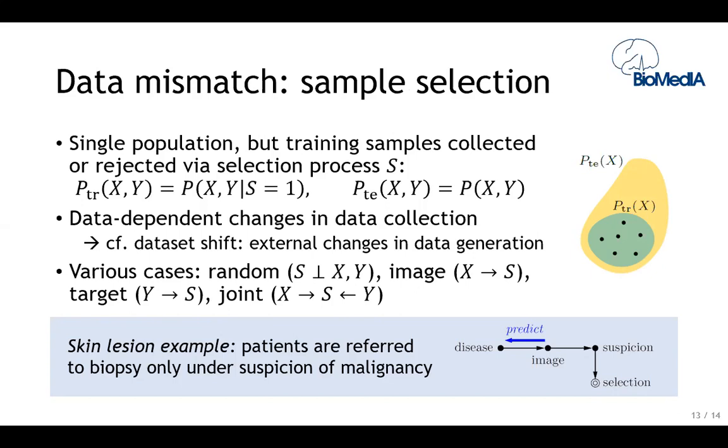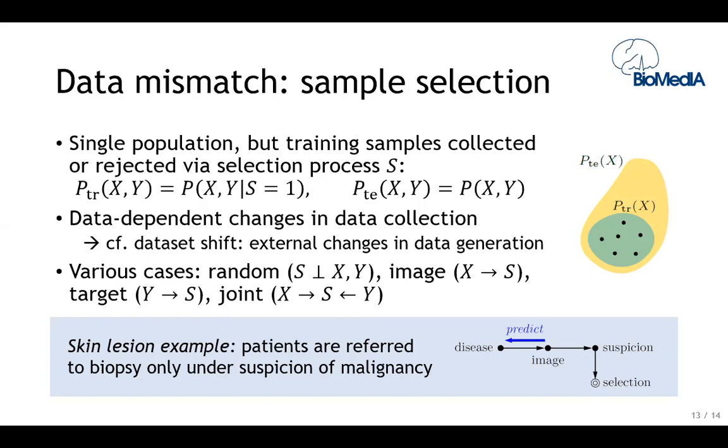The main difference between sample selection and dataset shift is the direction of causation. It's not an external change, but actually it's dependent on the data. If you see here on the bottom cartoon, for example, you see the arrow going into the selection indicator. And again, depending on the causal dependencies there, we can identify different cases of sample selection, which have their own implications and potential solutions.